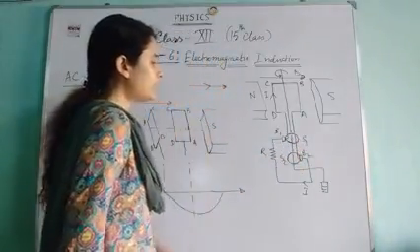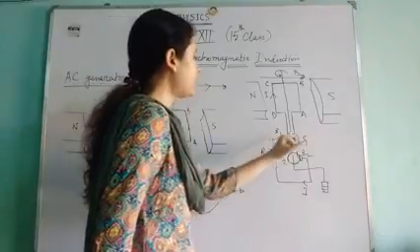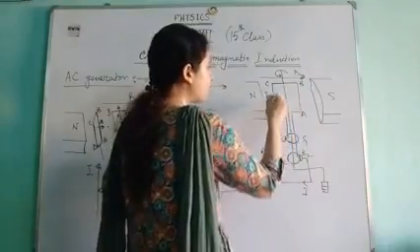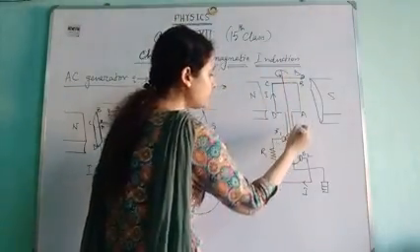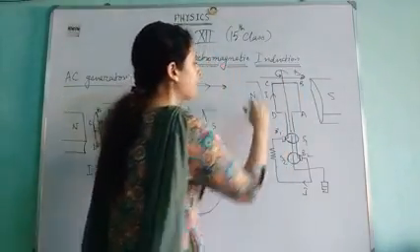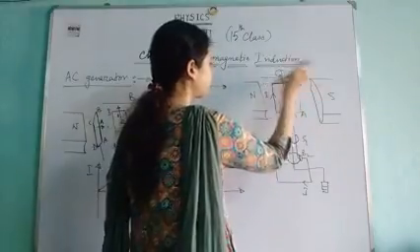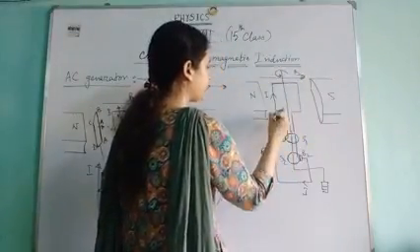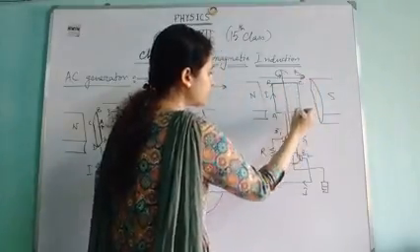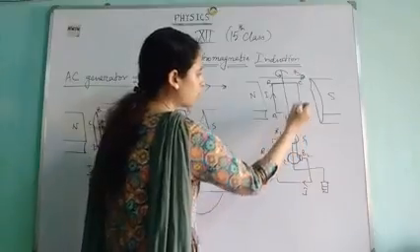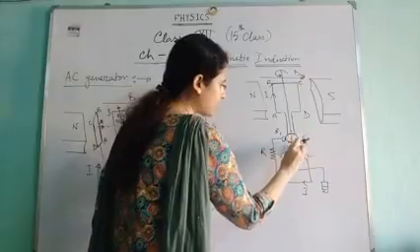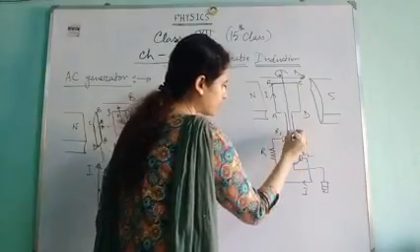What will it imply when this connects to this side? The current inside will remain the same, but outside the current will flow in the outward direction. That means in the next half cycle, this will be the position A, B, C, D. Now from CD the current will come out.